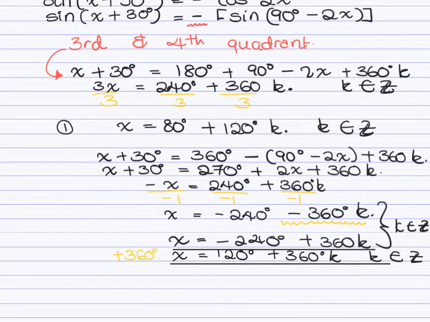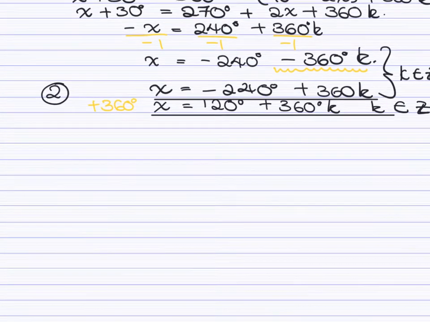So your two general solutions, which I've labeled number 1 and am underlining now, are the ones at the bottom here. I will now show you an alternate solution, and instead of grouping everything in terms of sine, I would group it in terms of cos.